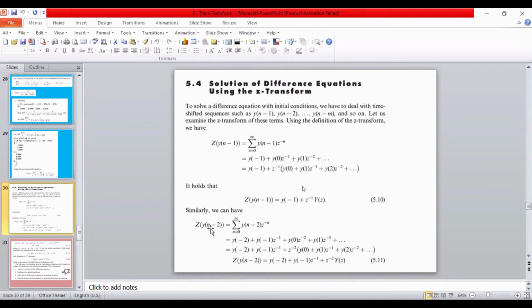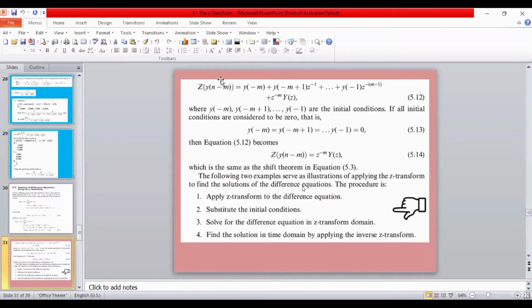So each time you shift your output by 1 unit to the right, you will get an additional term in the expression. It becomes long, imagine if you have a case with many terms, like m terms. If you want to shift it by m units in time, then your last expression will have a corresponding number of terms in front of the main function Y(z), right? So we have a long string of initial conditions here.